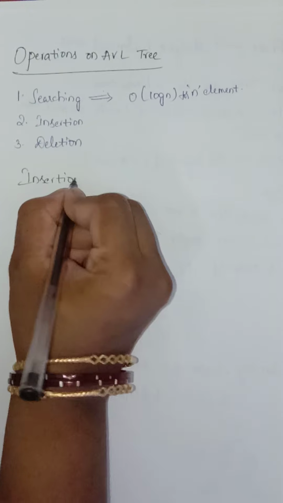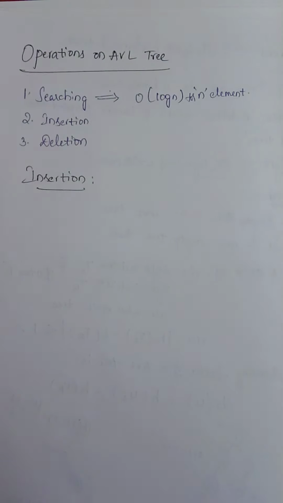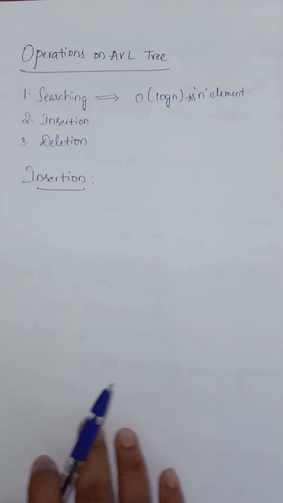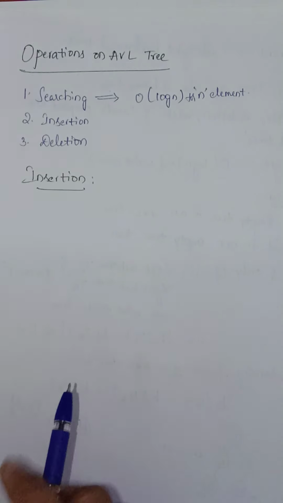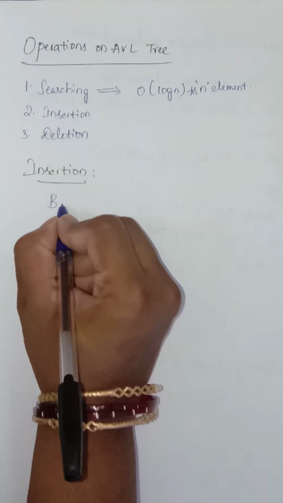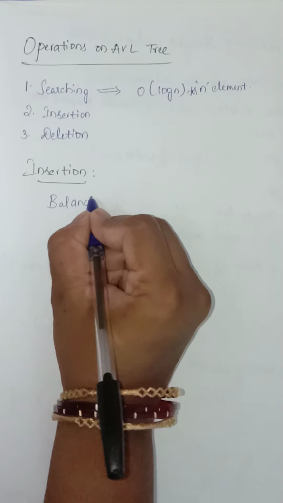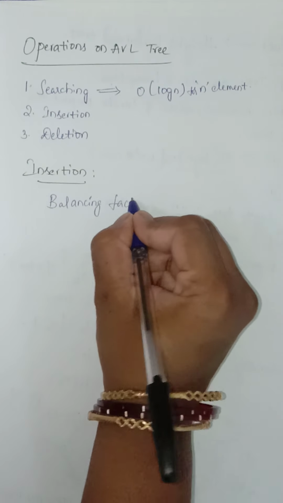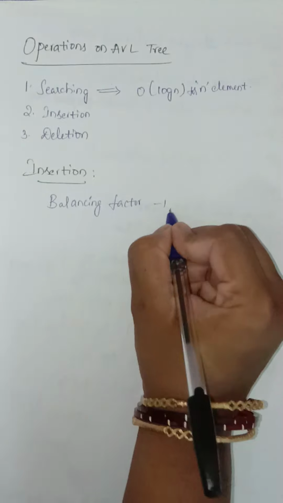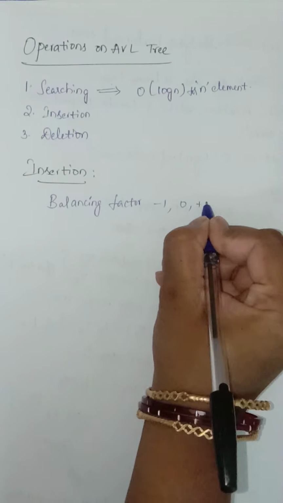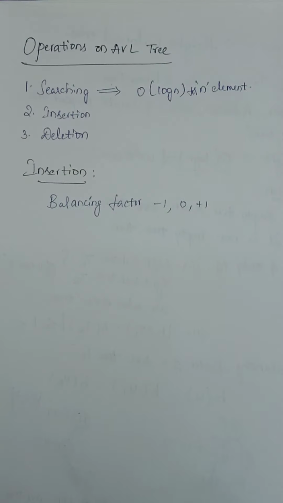In the insertion operation, we check the balancing factor of every node, and it should be in between -1, 0 and +1. But when the balancing factor is -2 or +2, the tree is an unbalanced tree, and it is not an AVL tree.